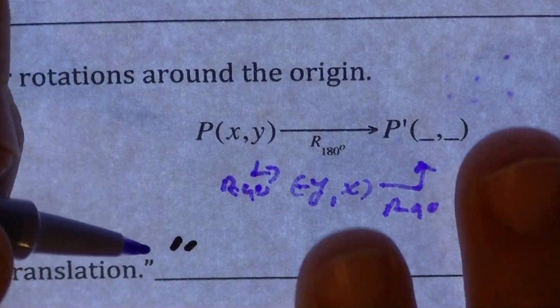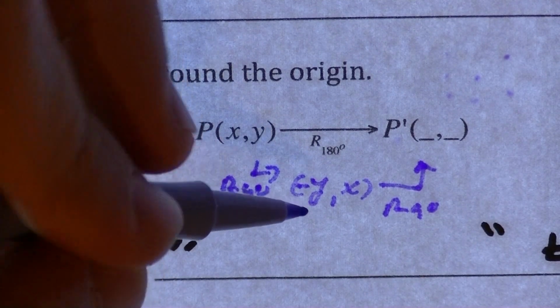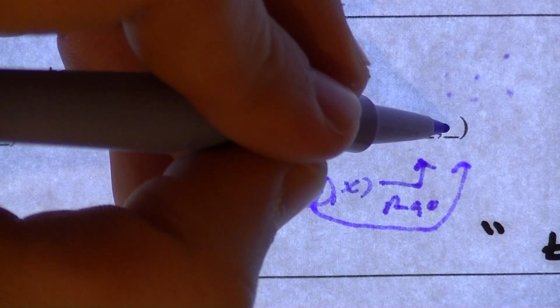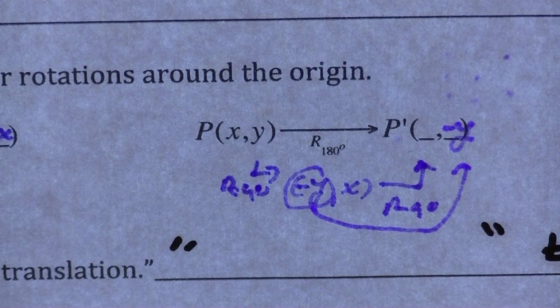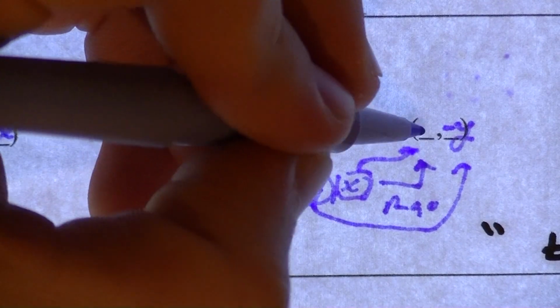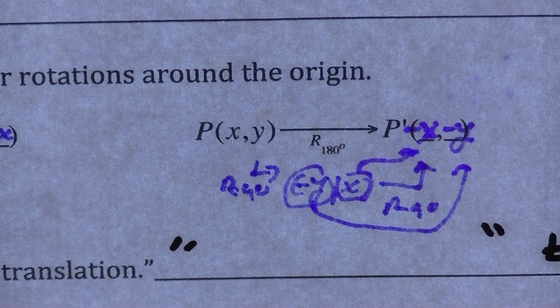I'm going to flip them, and then my new x coordinate becomes negative. So this negative y gets flipped over here, I keep that negative sign, and the x makes it up here, and I get a new negative sign in front of it. So it becomes (negative x, negative y) from (x, y).